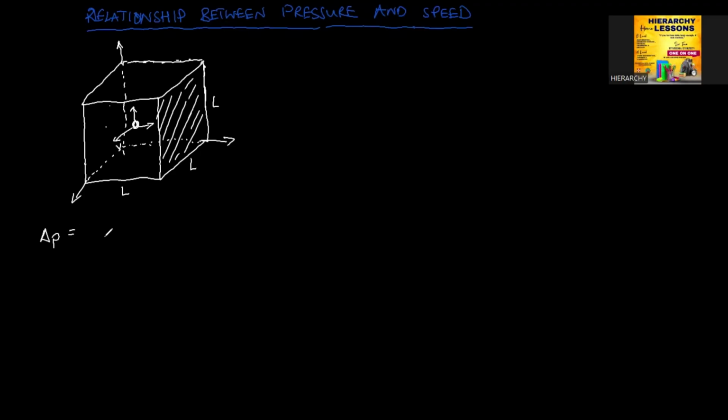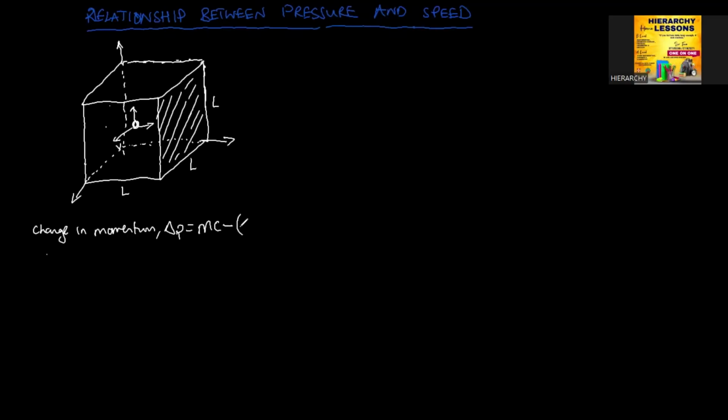So the change in momentum of the molecule as it rebounds at the shaded face is equal to, if its mass is m and its speed is c, mc minus the final momentum.